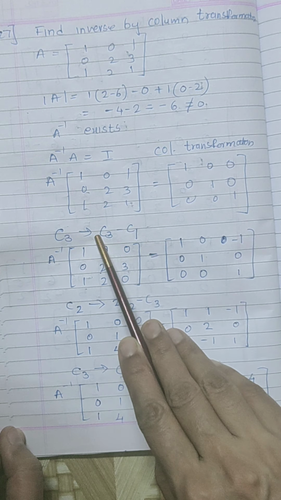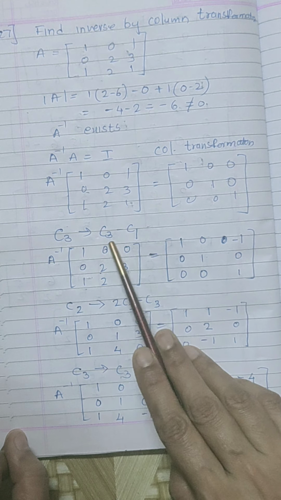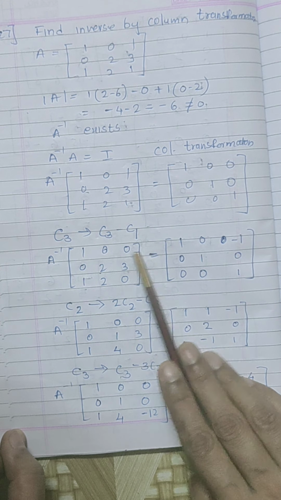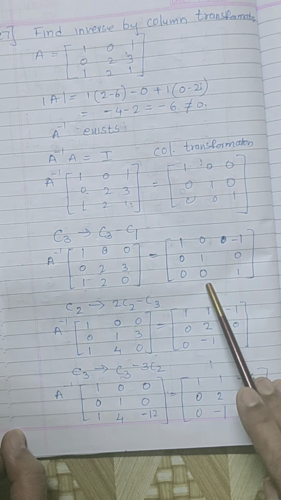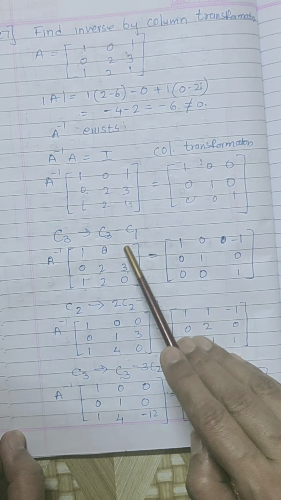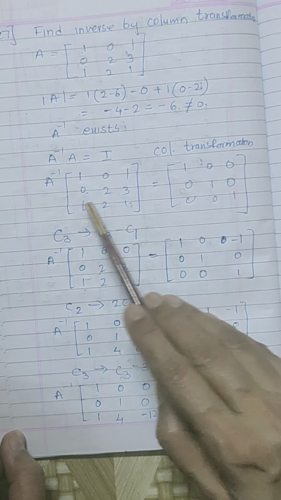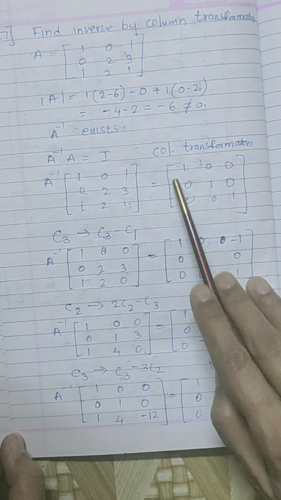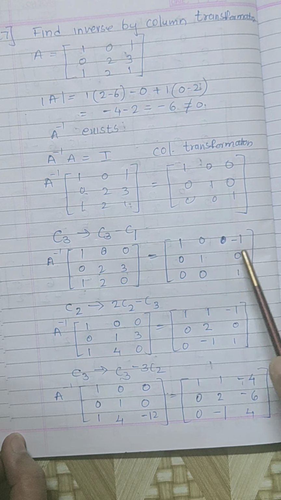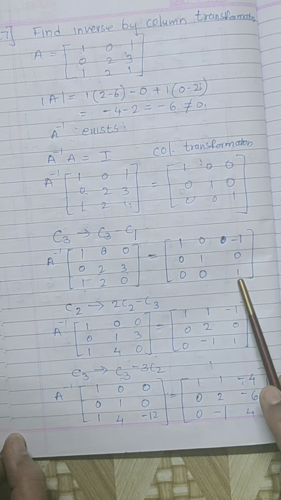C3 is converted into C3 minus C1. So first and second column as it is, here also first and second column as it is. Now 1 minus 1 is 0, 3 minus 0 is 3, and 1 minus 1 is 0. Here also 0 minus 1 is minus 1, 0 minus 0 is 0, 1 minus 0 is 1.